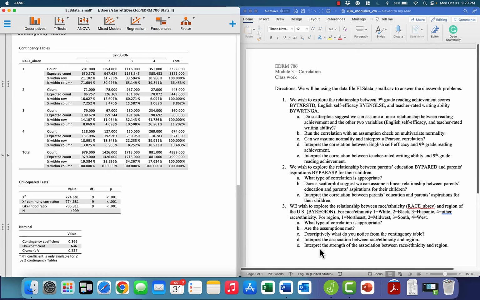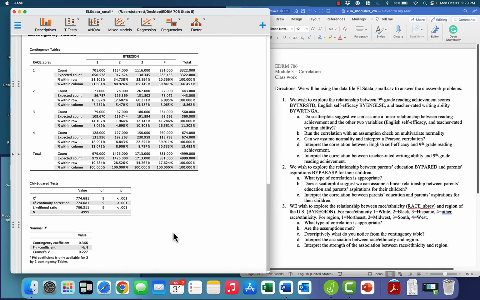And then we want to interpret the strength of the association between race, ethnicity, and region. And here we want to look at Cramer's V as it is the most commonly interpreted. And we see 0.28 for 9 degrees of freedom. So we will need to interpret that.